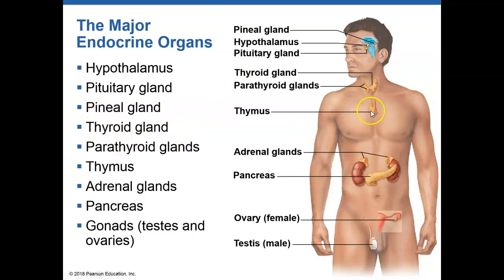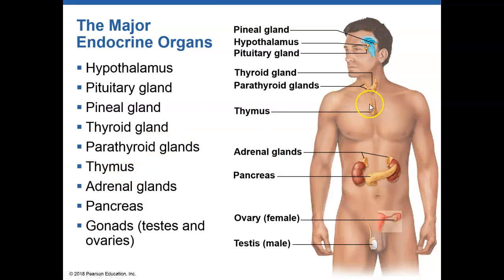The thyroid gland is here, and the parathyroid gland sits on the back of the thyroid. They're showing the parathyroids on the anterior aspect, but actually parathyroid glands are on the posterior aspect of the thyroid.